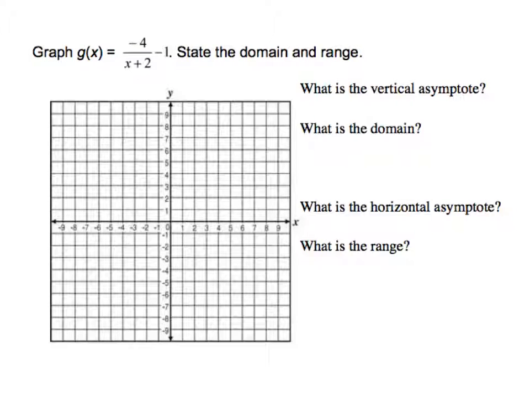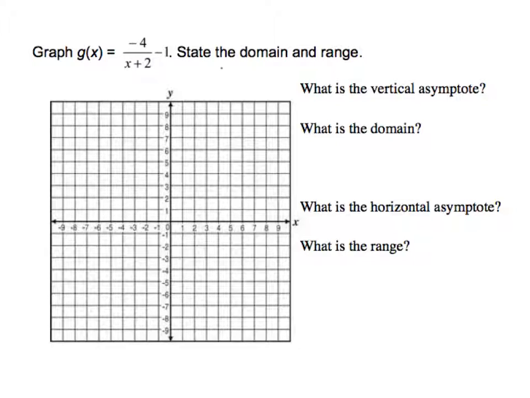So as we're looking at this, first thing we want to find is the vertical asymptote. So we're going to figure out the value of x when the denominator equals 0. That's what the vertical asymptote is anytime that we're looking at these. So the vertical asymptote is when the denominator equals 0.